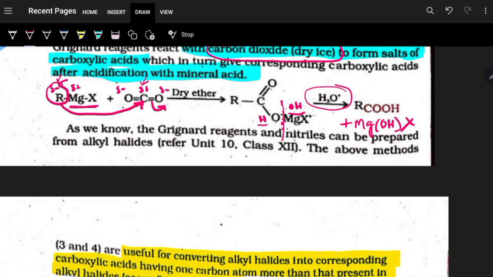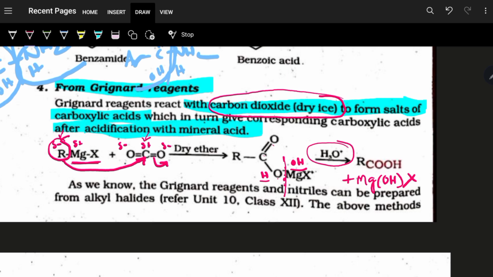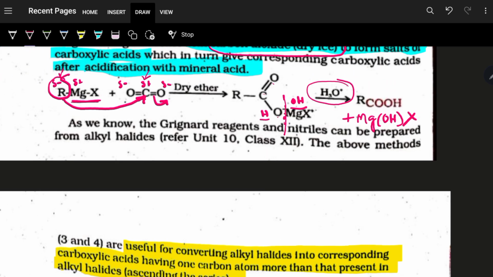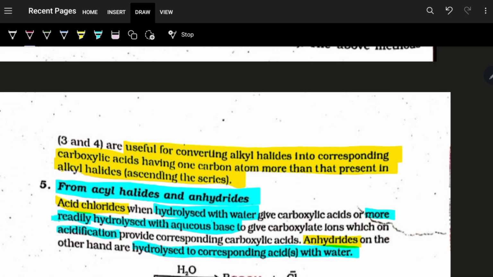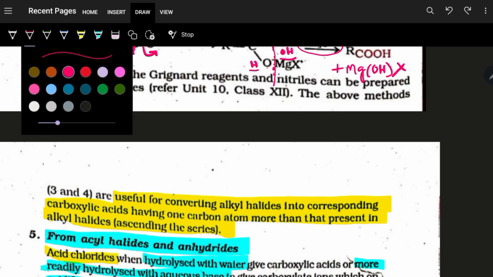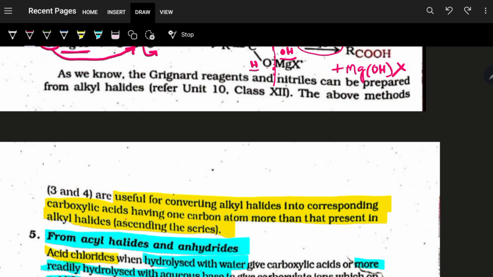Okay, so as we know, Grignard reagents and nitriles can be prepared from alkyl halide, what we have seen previously. So we can prepare RCOOH from alkyl halide itself. Now this reaction is very useful for converting alkyl halide into the corresponding carboxylic acid having one carbon atom extra.